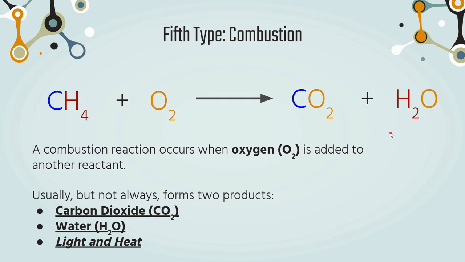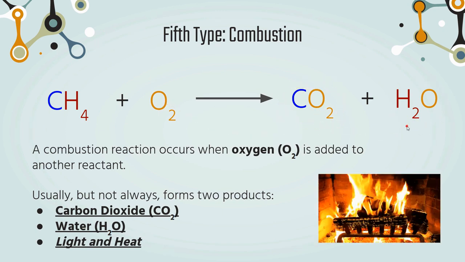We usually see light and heat come from this reaction. If you think about combustion, you may think about, say, a fire. A fire is taking some carbon compound, or CHO compound, and adding oxygen to it. And it breaks it up into carbon dioxide and water. So a fire is one type of combustion reaction.